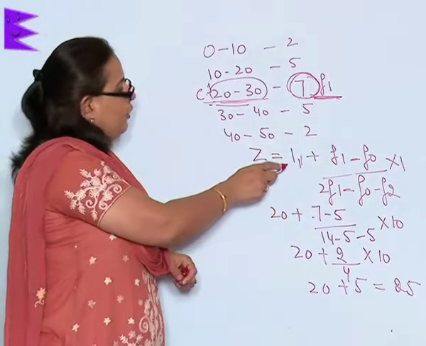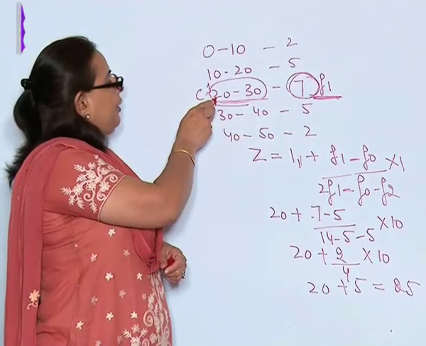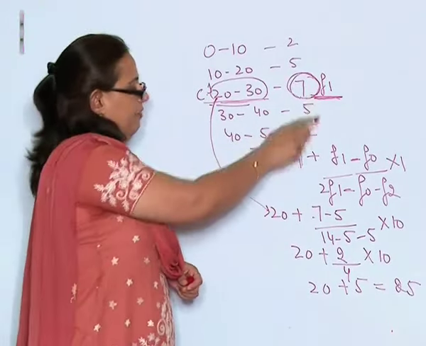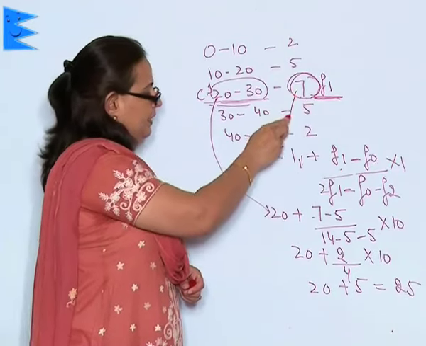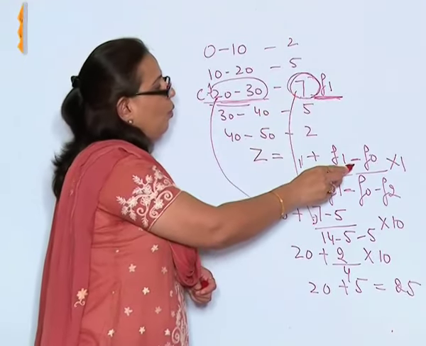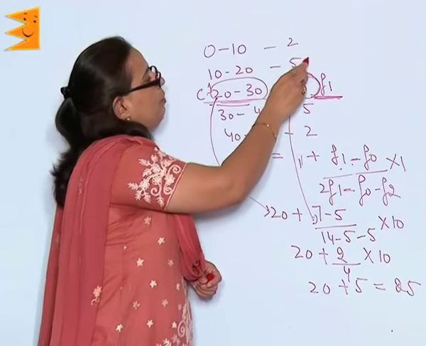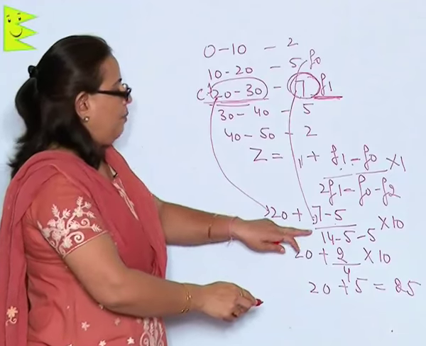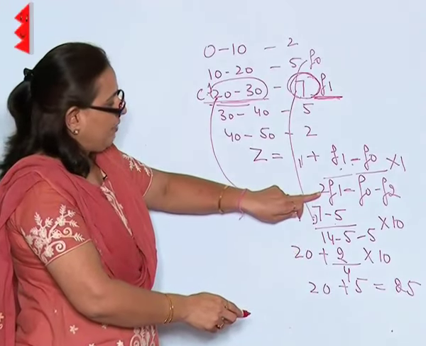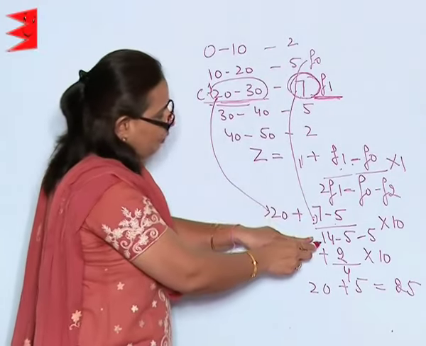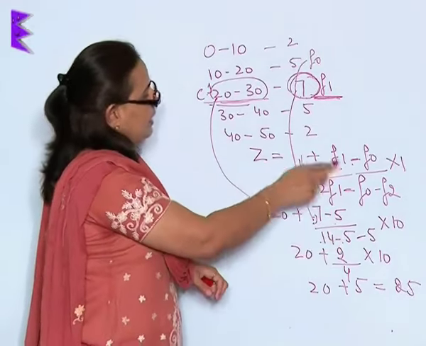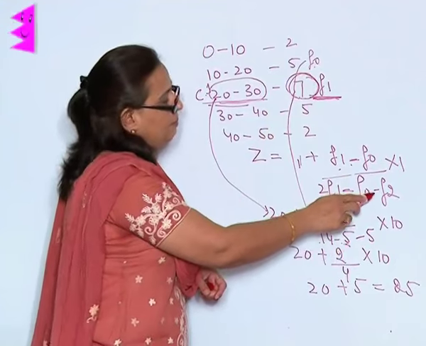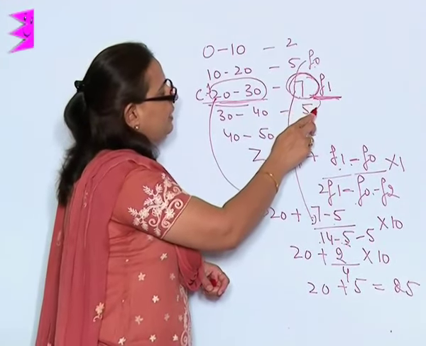So, the lower limit that I have here, 20 to 30, is 20, and the F1 that I have is 7. F0 is the one which is before, so minus 5, and upon 2F1, which will be 7 into 2 is 14, minus the F0 which is 5, and minus F2. This is the F2.